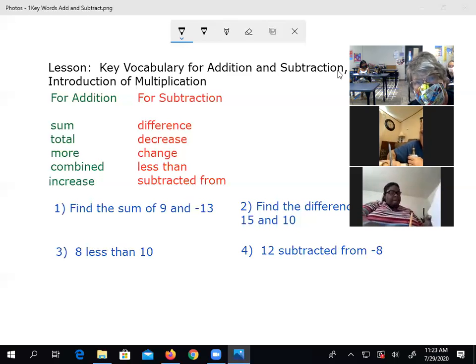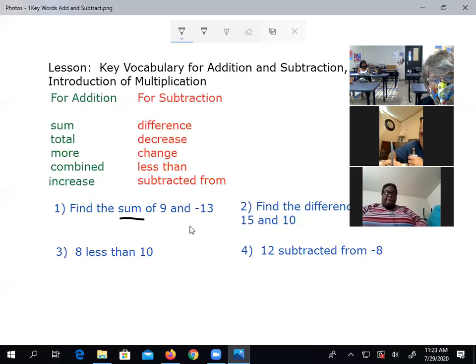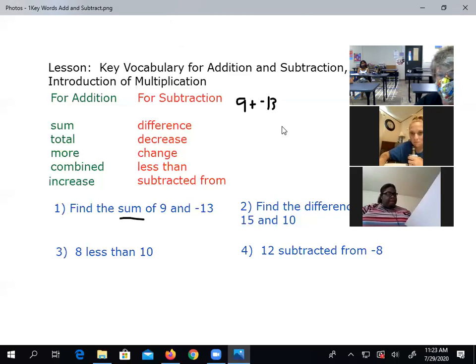Looking at this first one here: find the sum of 9 and -13. Notice how we have this key word, sum. That's going to tell me to add 9 and -13. Remember, these are now integers, so you have to put labels on there.